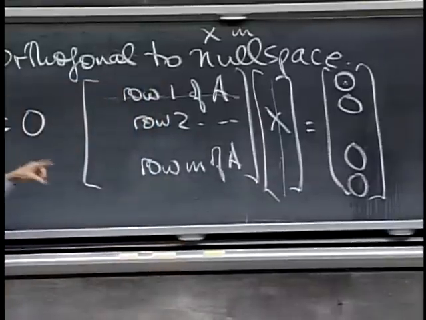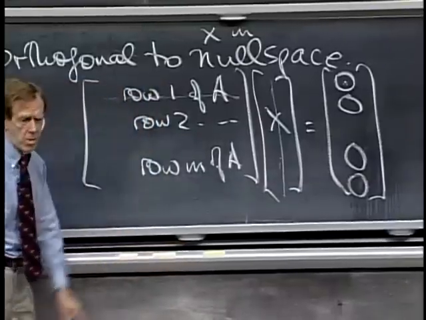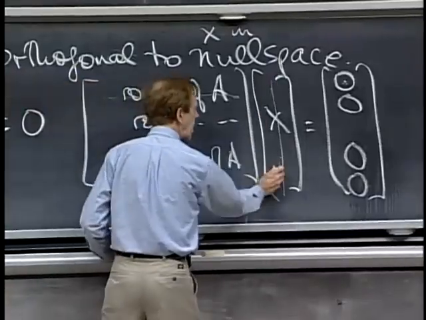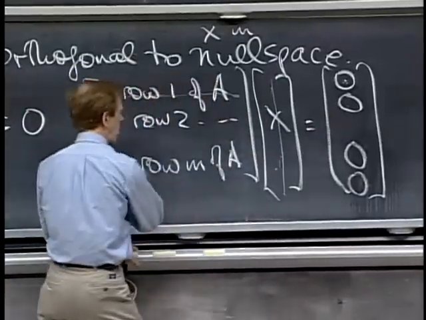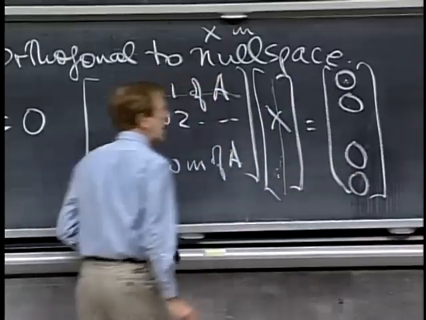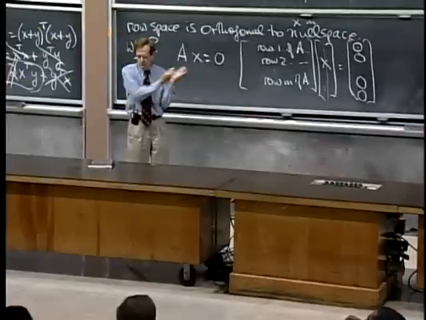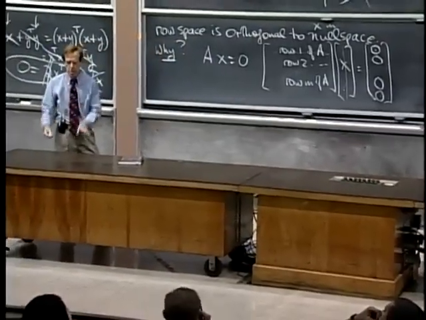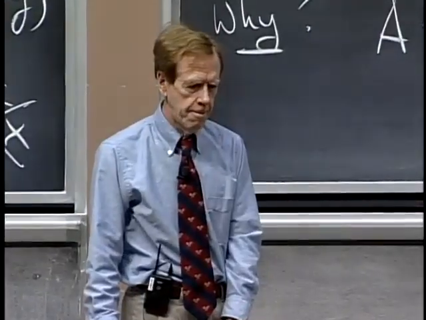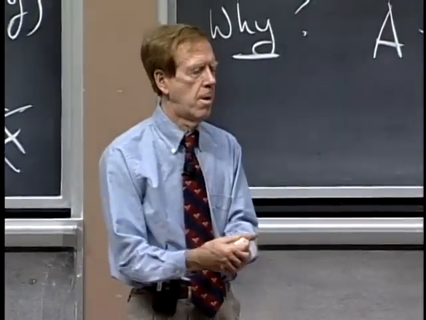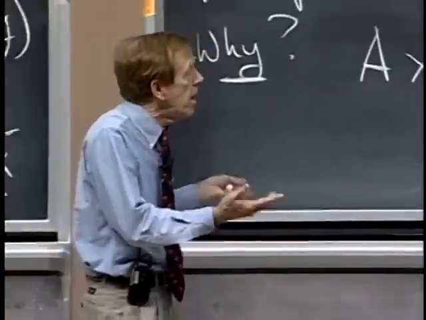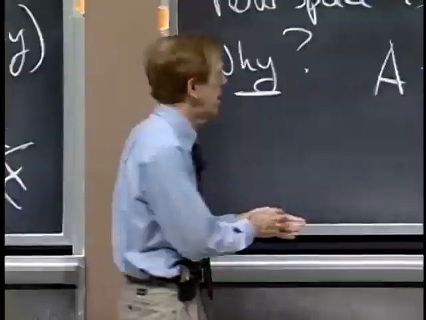So x is orthogonal to the first row and to the second row. Row 2 of A times x is giving that 0. Row m of A times x is giving that 0. So the equation is telling me that x is orthogonal to all the rows. Right? It's just sitting there. That's all it had to be, because we didn't know anything more about the null space than this.